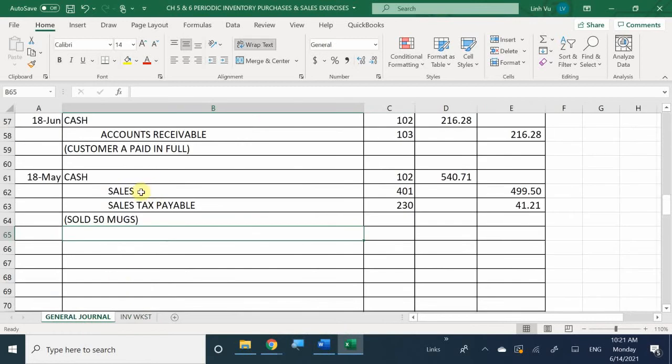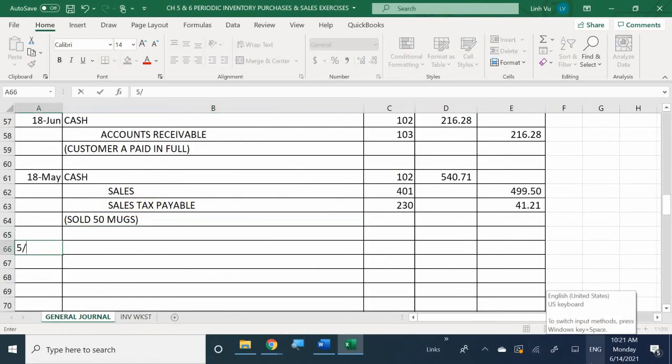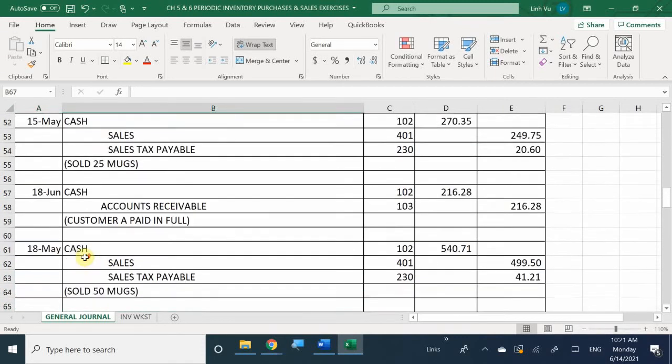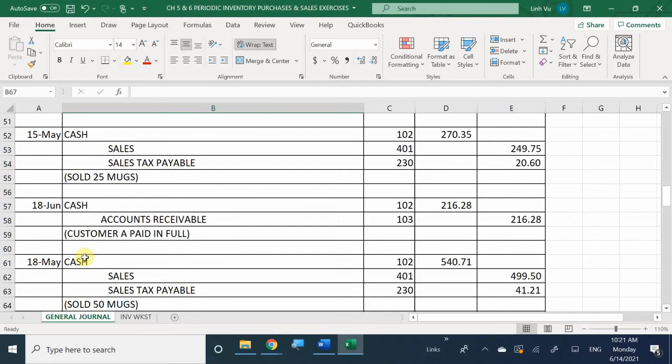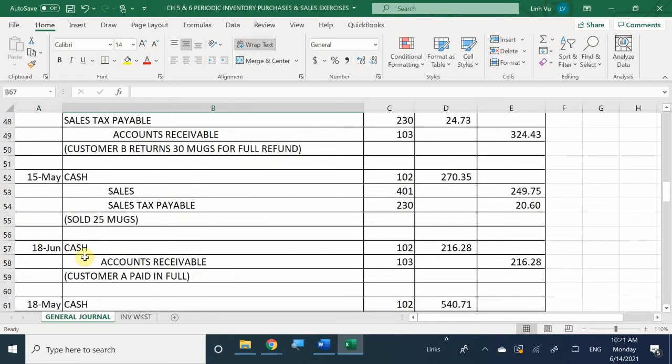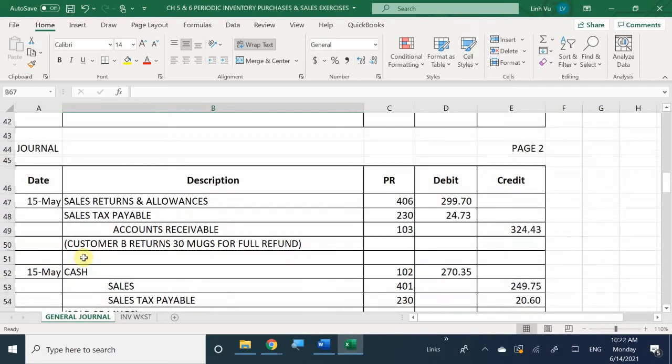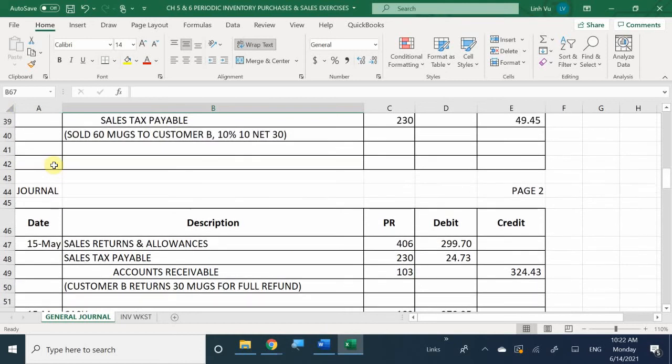Let's go ahead and journalize our purchase. Okay, so on 5/20, how should my journal look like? Purchases and freight expense and accounts payable.